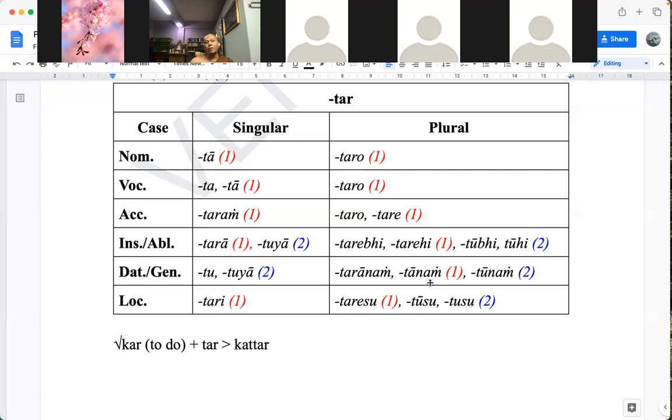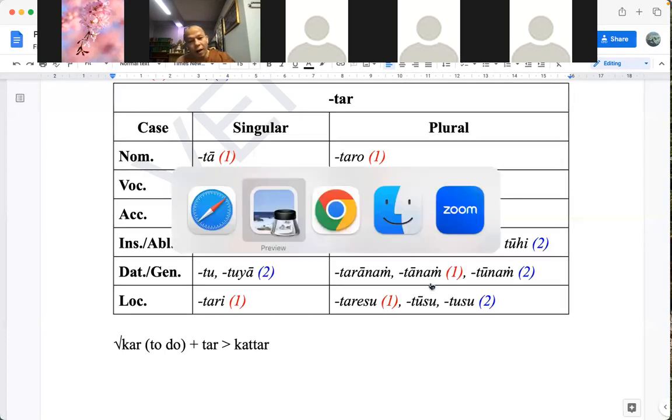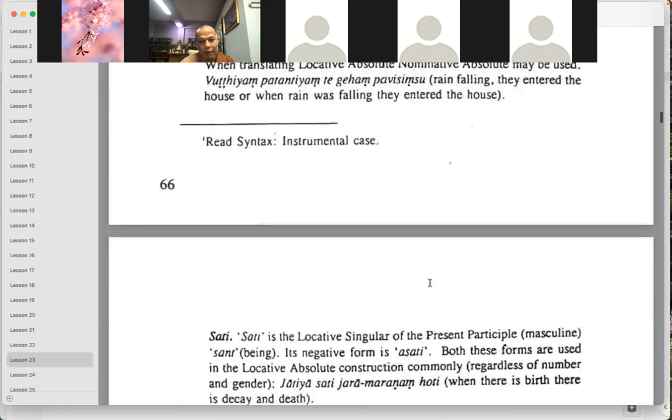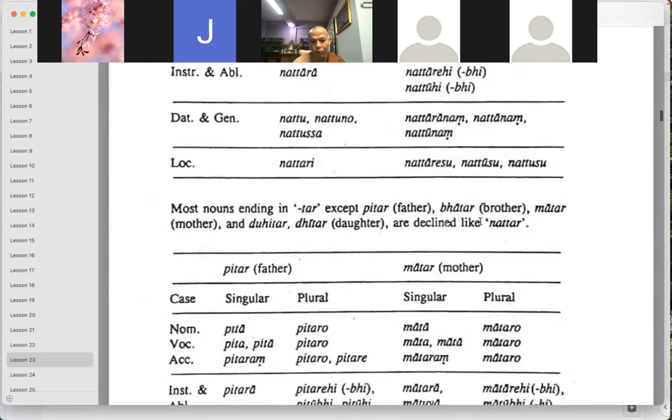Feminine is just mata, duhita and dita. Only those. The remaining nouns are masculine. Even in the exceptions, beta and bata are also masculine. So just mata, duhita, and dita are feminine, and the rest belong to masculine.